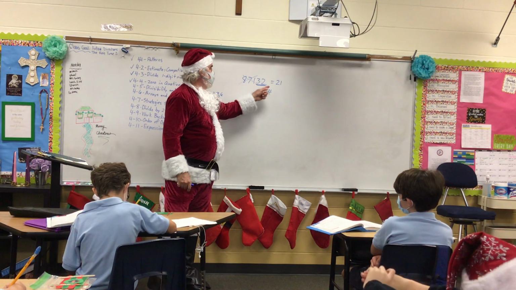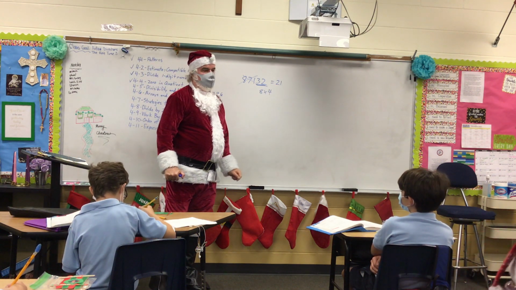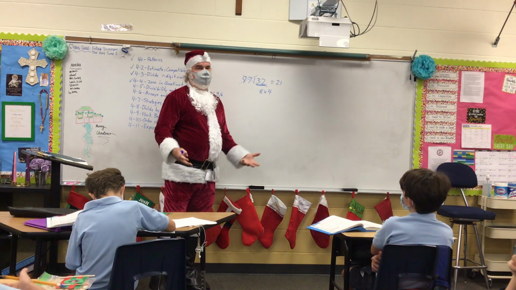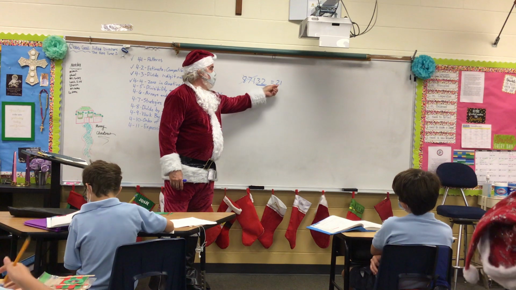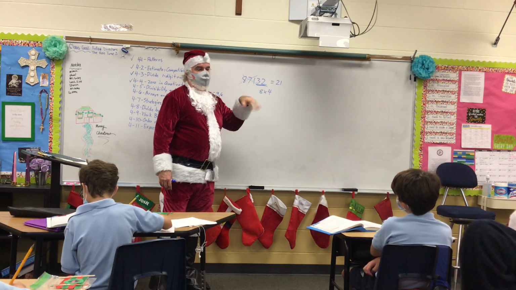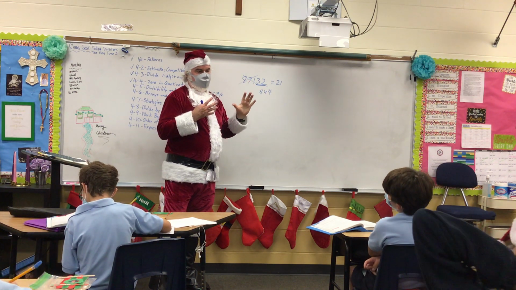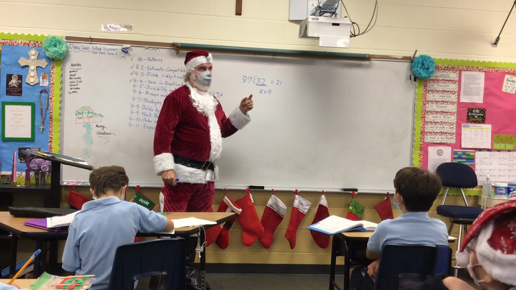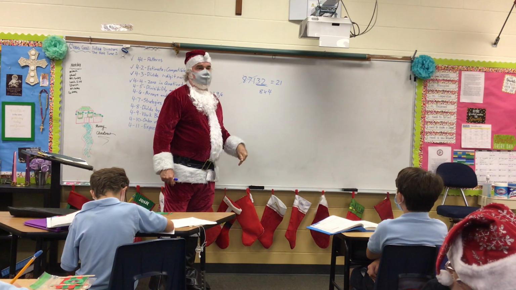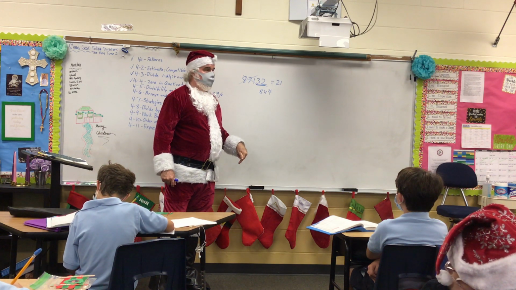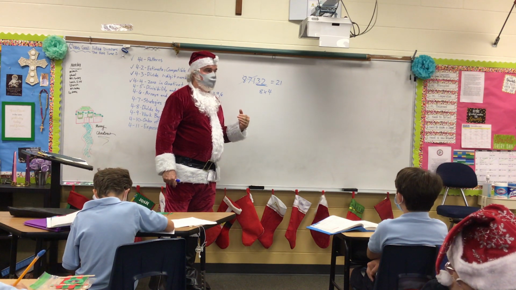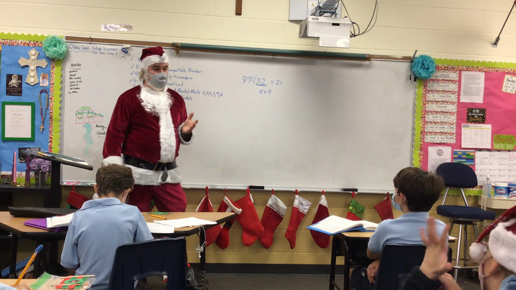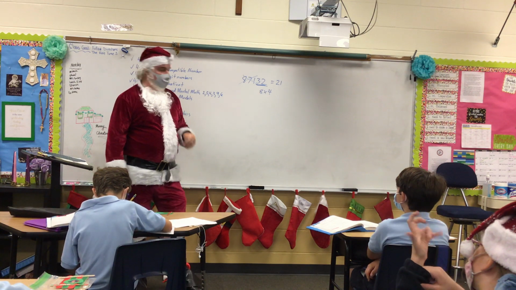If the sum of all these digits is divisible by 9, it's divisible by 9. Is this divisible by 9? No. So it's not divisible by 9. This isn't divisible by 5, and it isn't divisible by 9. Okay? But it is divisible by 2, 3, 4, and 6. Do you know those rules? Make sure that you know them. Okay? Because it will be on the test. Hint, hint, hint.